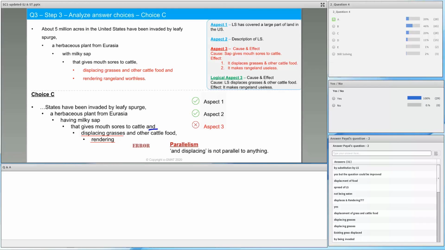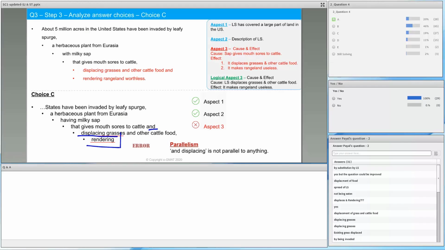However, and displacing grasses, even if we look at this structure, what is it even connecting with? What is this displacing even connecting with? We don't know. The way this part is written in the sentence, we don't know what it is connecting to. So that parallelism is already gone in this sentence.